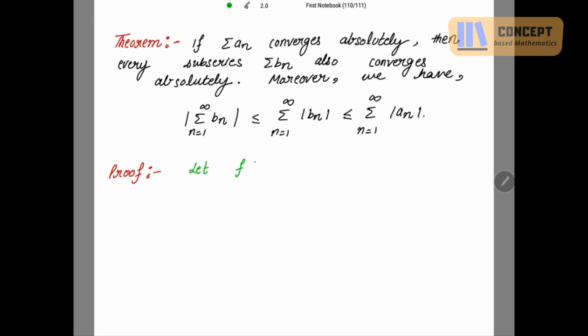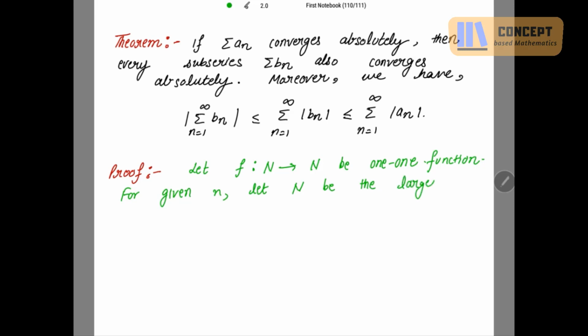I have to mention this mapping f from N to N be a 1-1 function. And for given n, let capital N be the largest integer in the set.